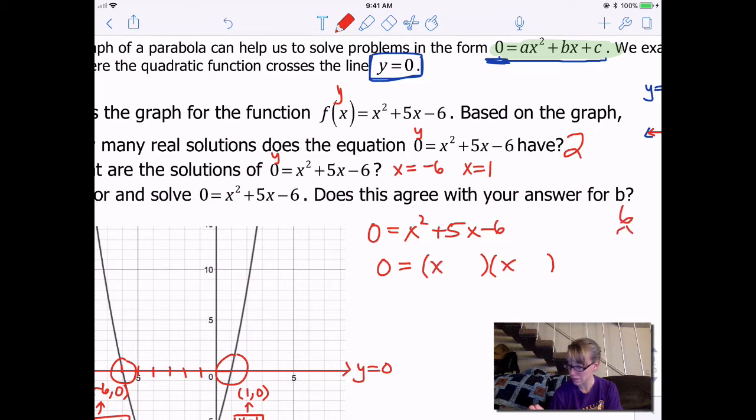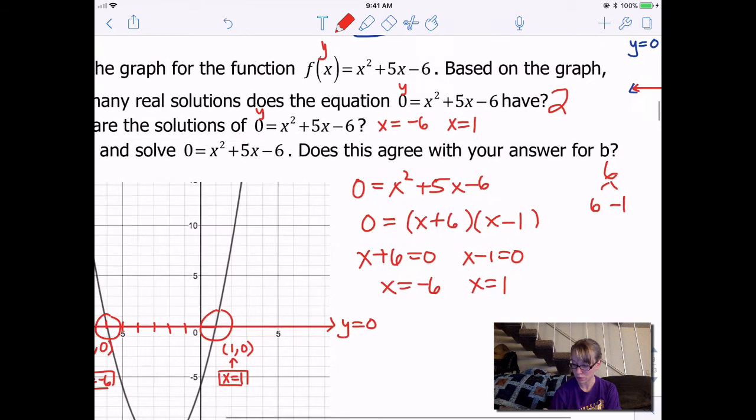The two numbers that multiply to negative 6 and add to 5, that's going to be a positive 6 and a negative 1. But then remember, we have to set each factor equal to 0. So our final answers really are x equals negative 6 and x equals 1.